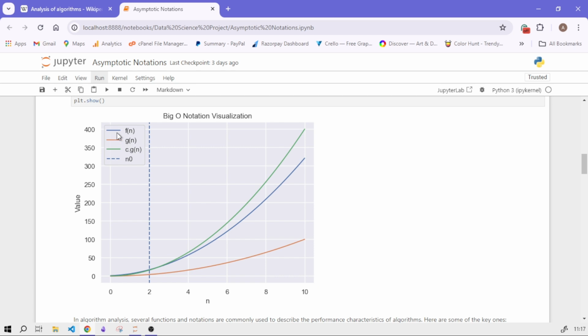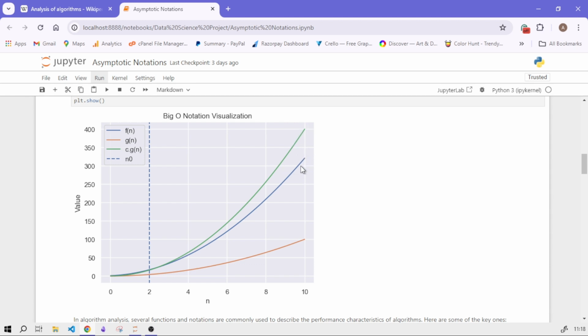So let's say this blue line, graphically it becomes a little easier to understand. This blue one here is f(n). Now this g(n) is, let's say, this function. Now what the definition says, the big O notation says, is that c times g(n) will always be greater than or equal to f(n), or f(n) will always be less than or equal to c g(n).